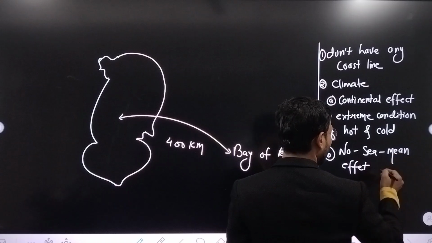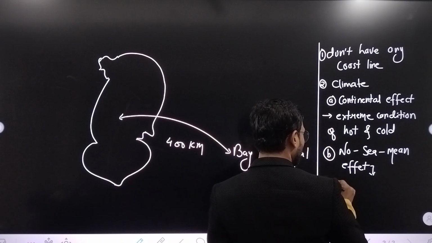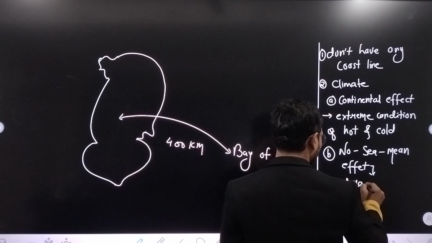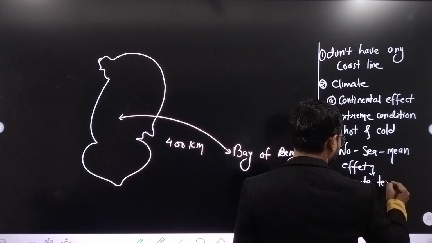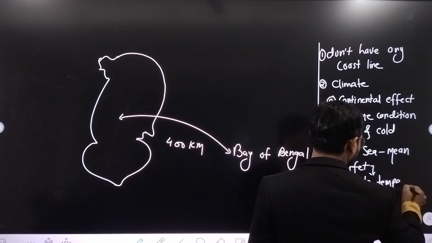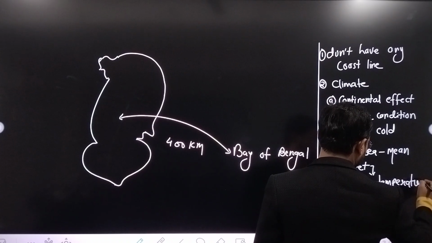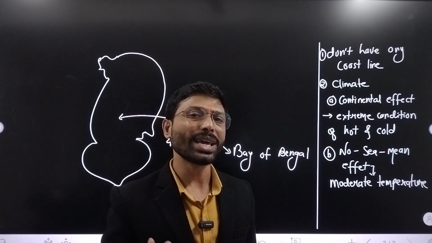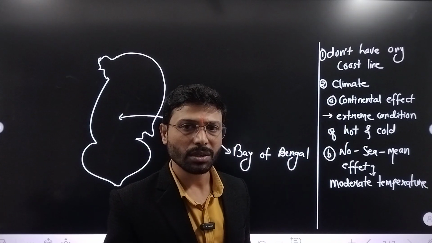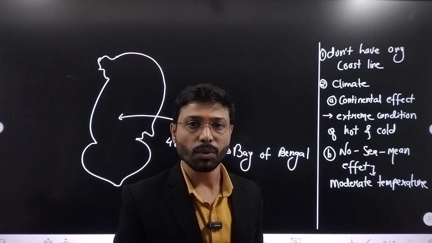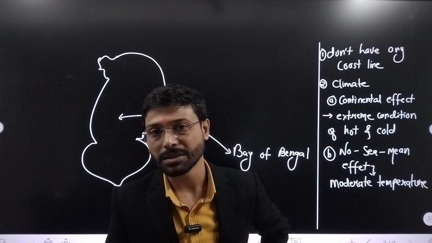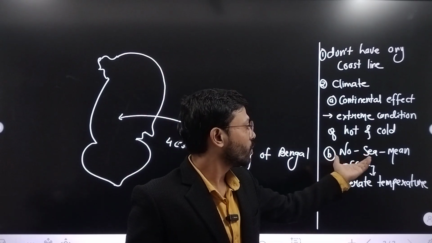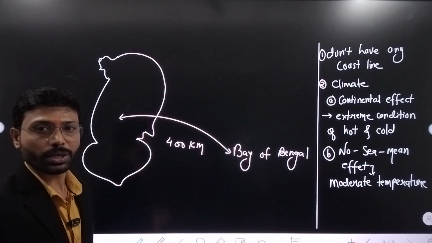Means no sea mean effect means we don't have moderate temperature throughout the year. And it's a good thing for us. Otherwise, how will we get the extreme condition of hot, extreme condition of coldness, which provides us the different seasons? So it is the best way for us, my dear, to have no sea mean effect or moderate temperature.